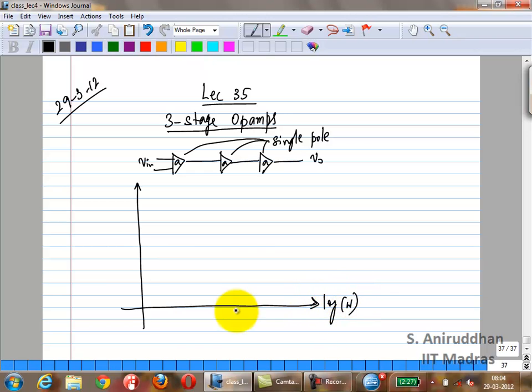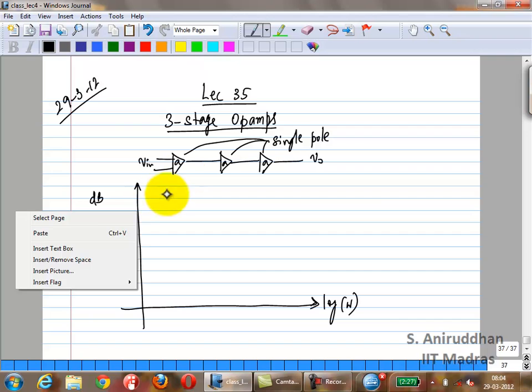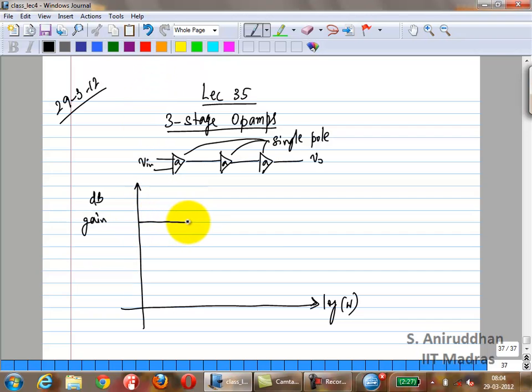If I draw the Bode plot of the gain in dB, what will it look like? So what is the gain going to be at low frequencies? Yeah, so I'll call it A0 cube, right? I'll assume that each one of those things is single pole, A0 over 1 plus S over omega P, okay?